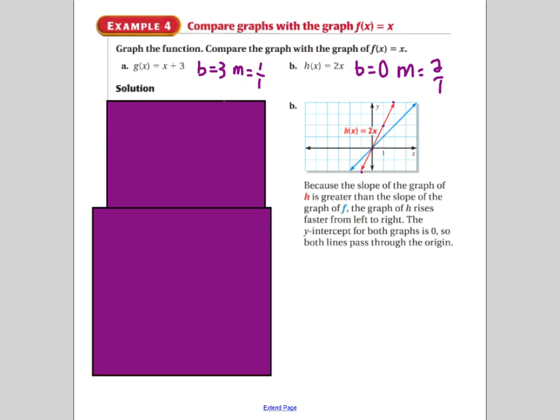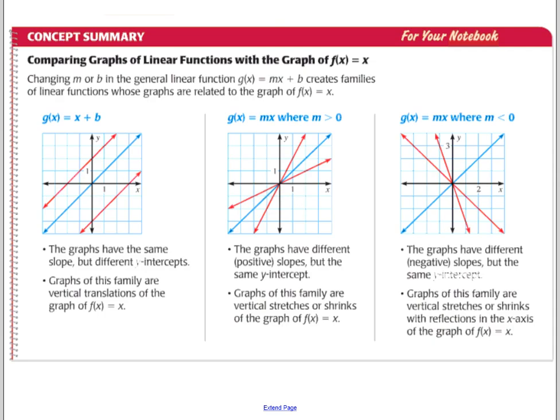All right, so just to wrap up all of the ideas we talked about in this video, when we're comparing graphs of linear functions to its parent function, f of x equals x or y equals x, we're always comparing them in this mx plus b form, our slope-intercept form, and we can have parallel lines where the slopes are the same but the intercepts are different.